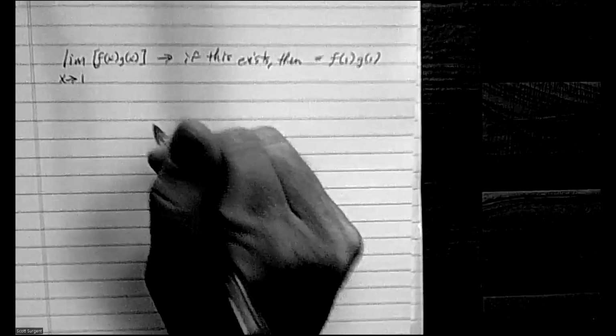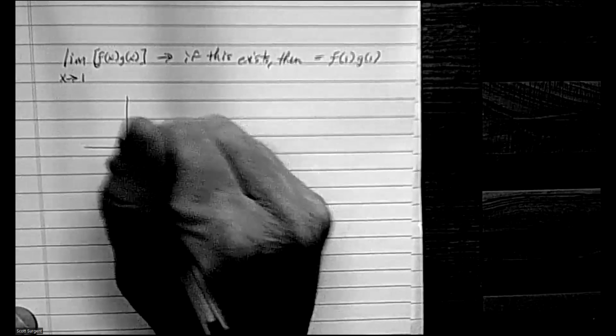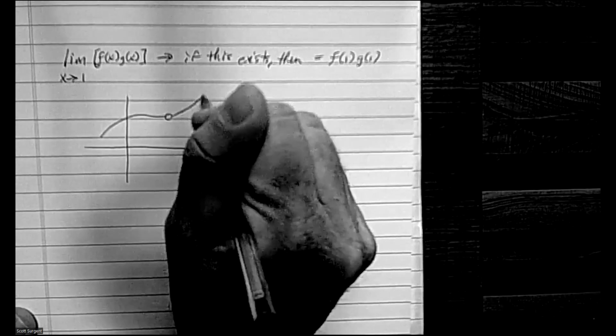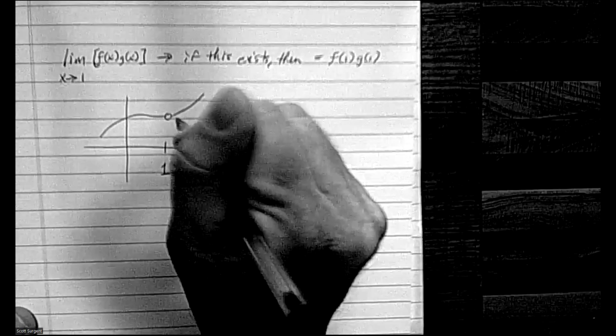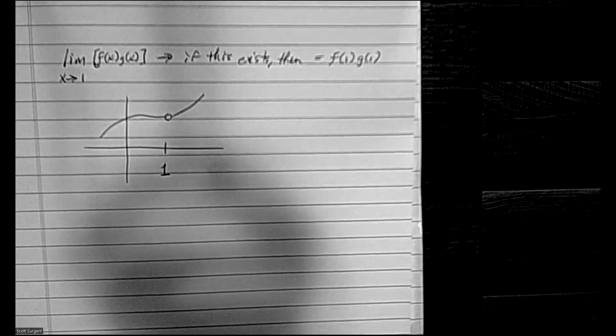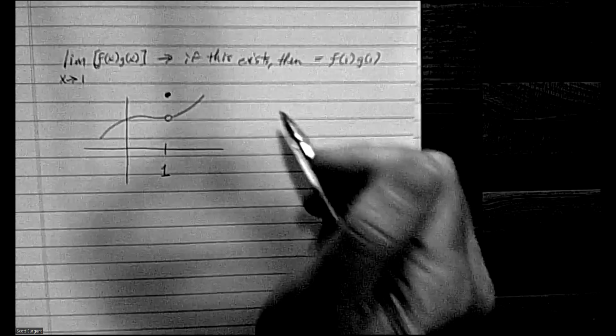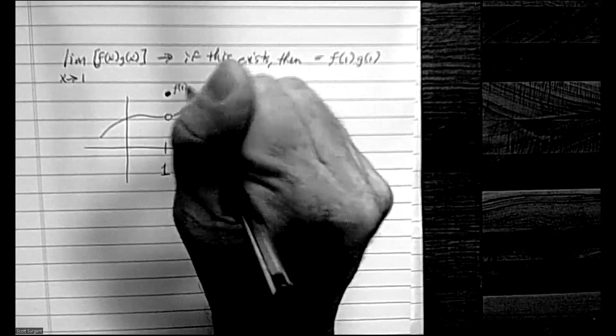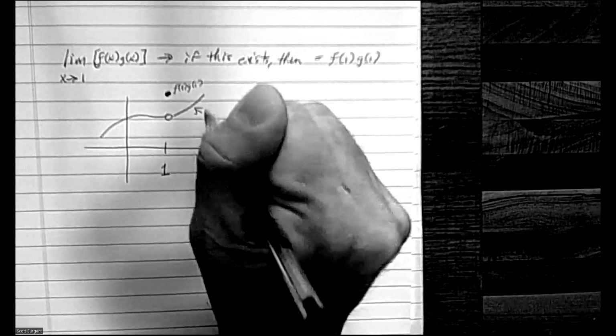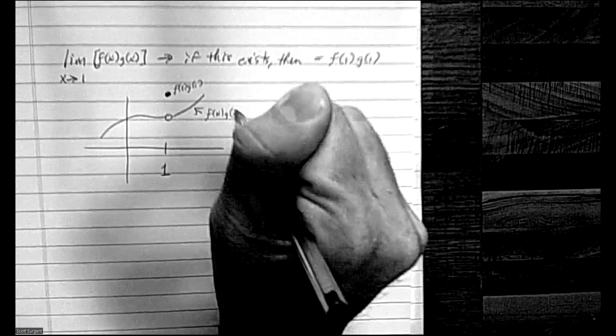Basically, this is just a question of if a limit exists, you could have a case like this where you have an open dot. The functional value might be up here. This could be your f of 1 g of 1. This could be just the generic function f of x g of x.